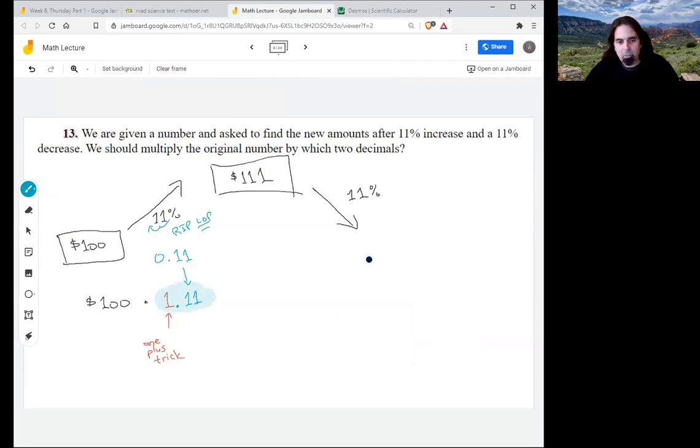How about going down? This was a little trickier. Then I had my 111. And I want to multiply it again. This can turn into 0.11 because of left out of percent. And I could do things in 2 steps. Multiply it by 0.11.